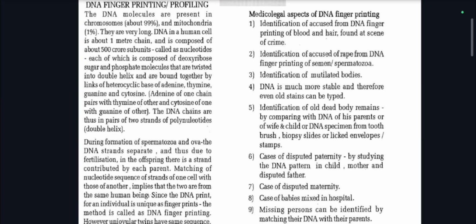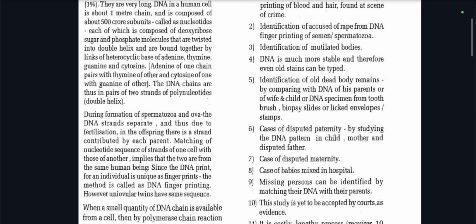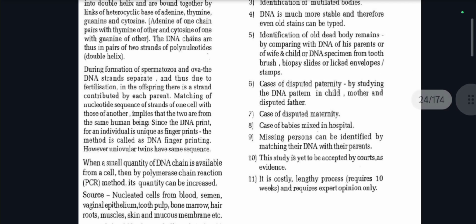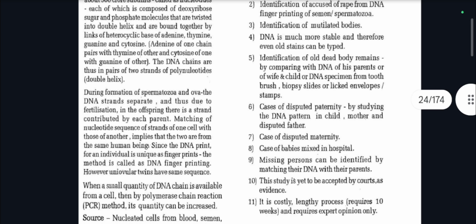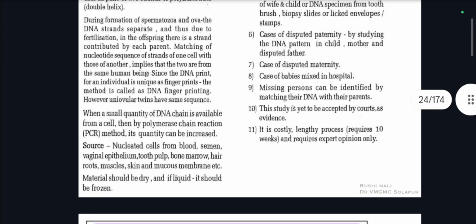What is the medico-legal aspect? Identification of accused from DNA fingerprinting of blood and hair found at the scene of crime. Identification of accused of rape also. Mutilated bodies, paternity issues, maternity issues, cases of babies mixed in hospital, missing persons, and remember that it is very costly and it is a lengthy process.